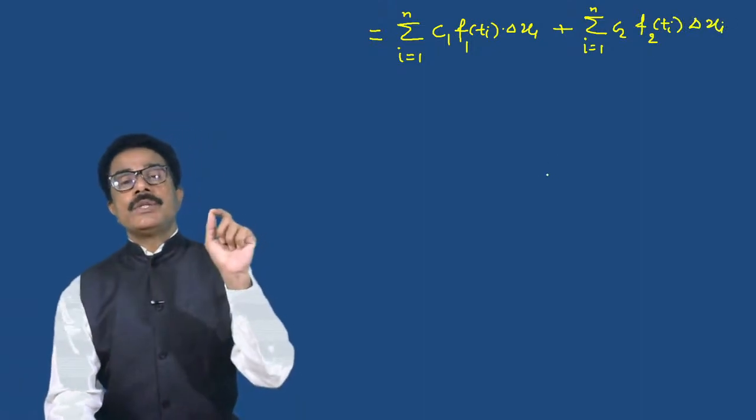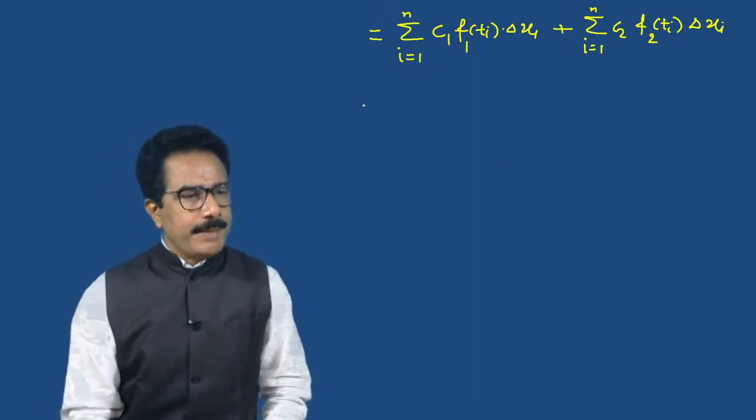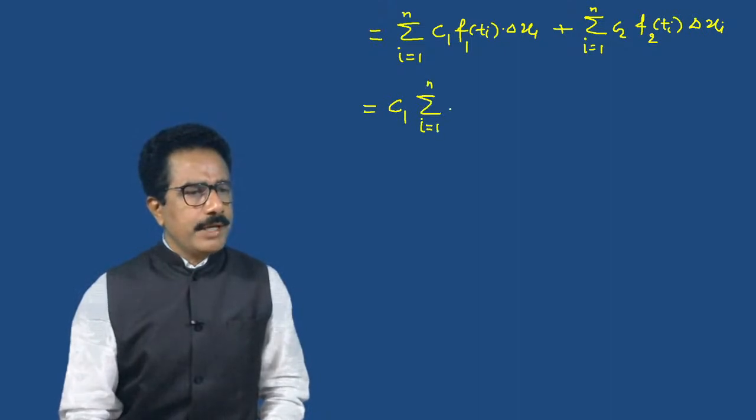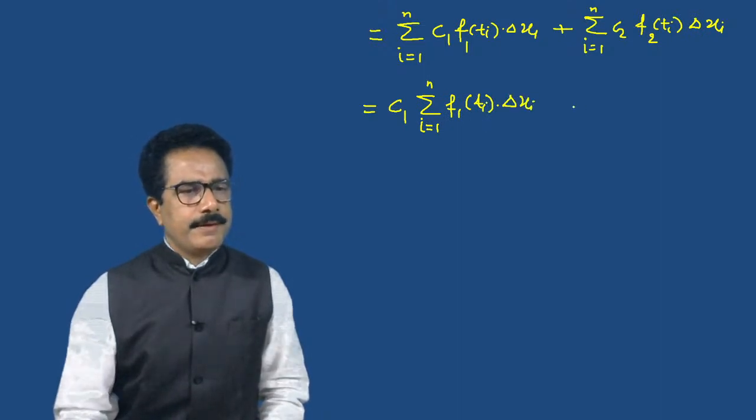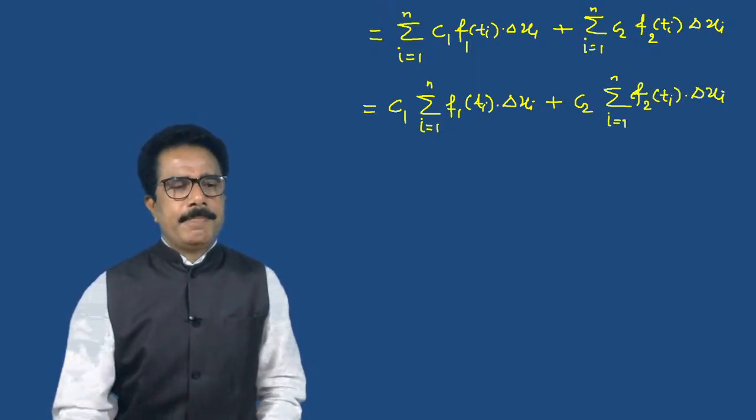But C1, C2 are the constants. We can take out of the summation. C1 into summation i is equals to 1 to n F1 of Ti into delta Xi plus C2 into summation i is equals to 1 to n F2 of Ti into delta Xi.